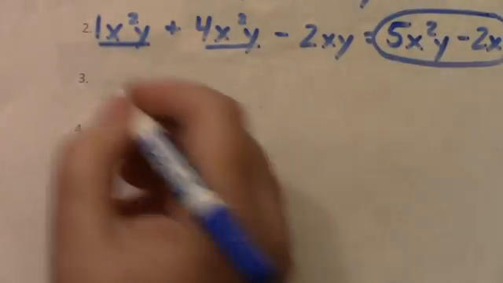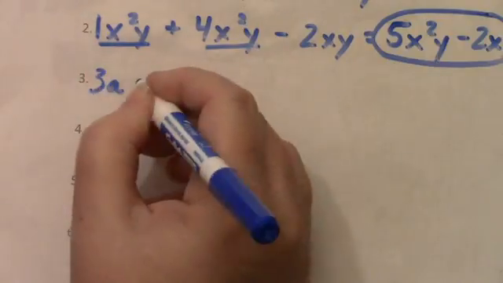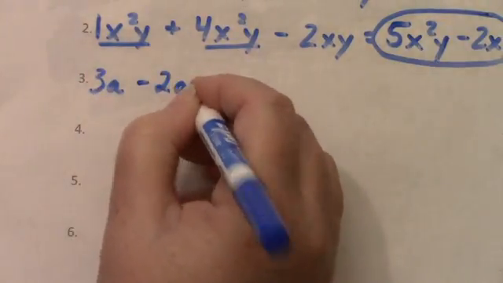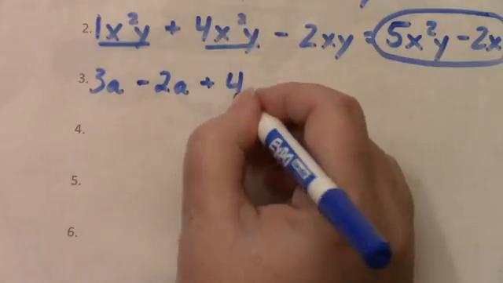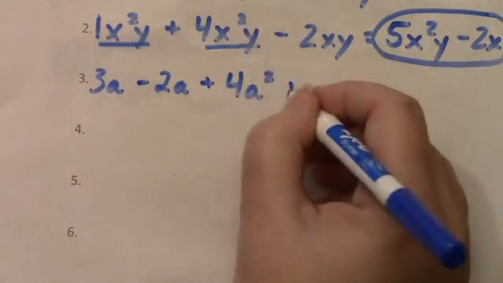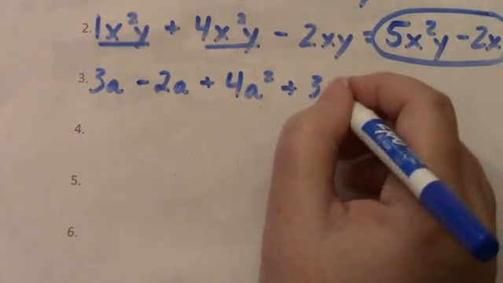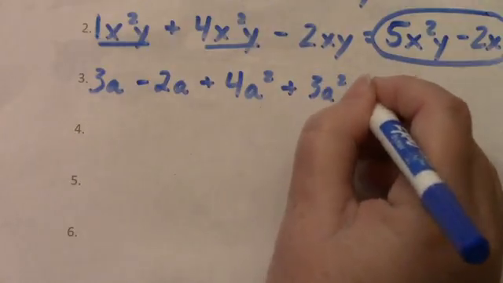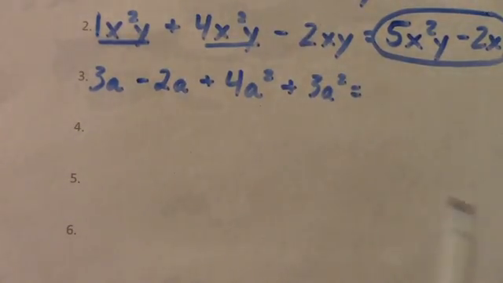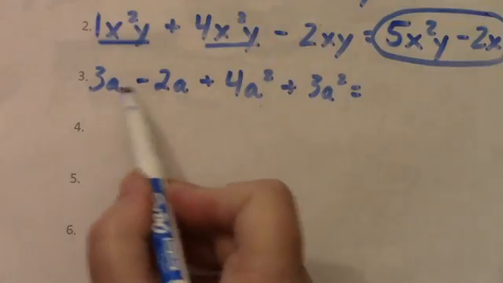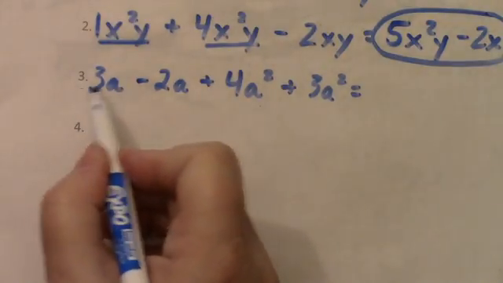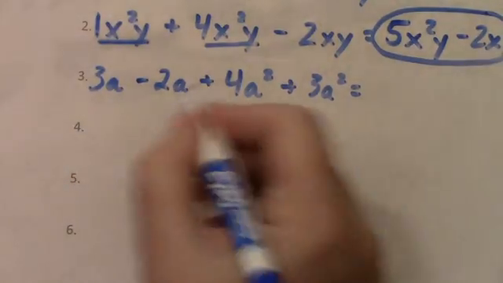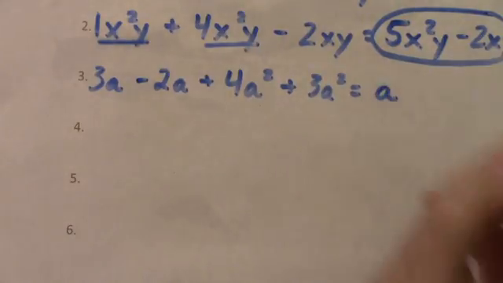Okay, let's try, how about 3a minus 2a plus 4a squared plus 3a squared. Well, which ones are the same? My a's are the same. So I have 3 minus 2 is 1a, so I'm just going to write a.